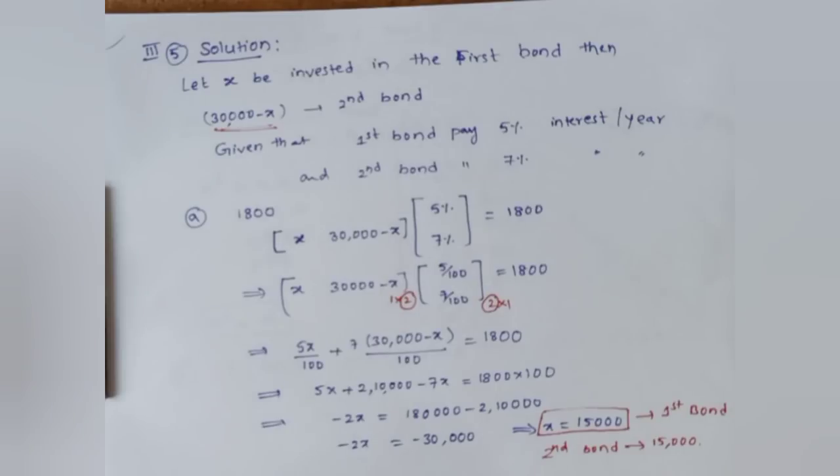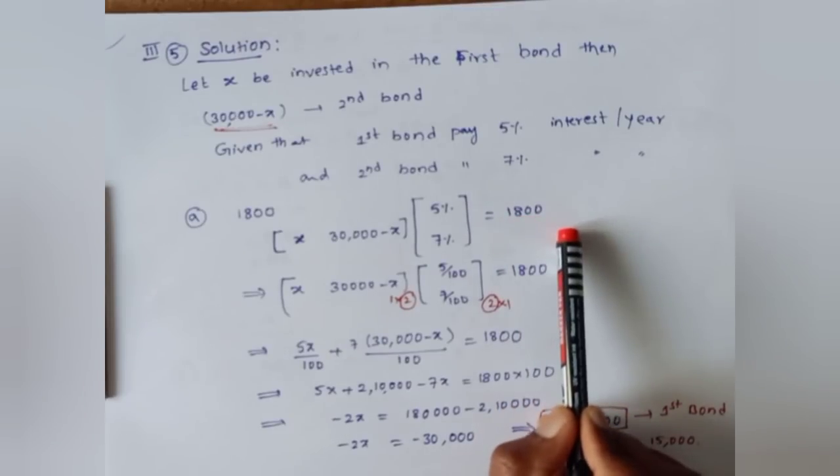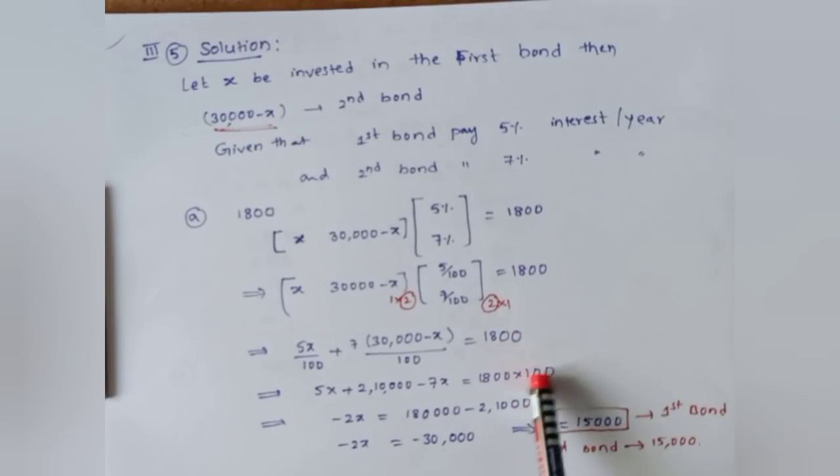Similarly you can do problem B by equating the same quantity with 2000. The procedure will be the same, just equate with 2000. So I hope you understand the problems in this lecture, and solve the problems in exercise 3B. Thank you.